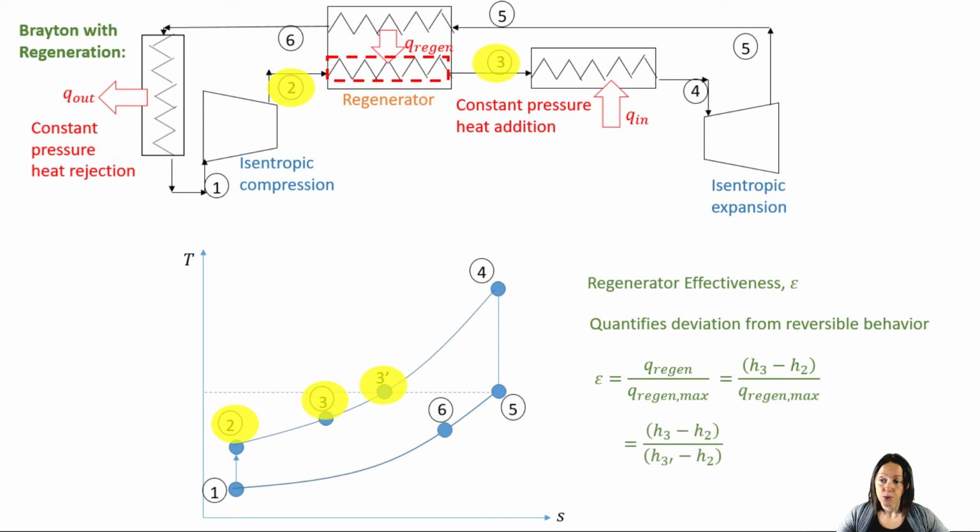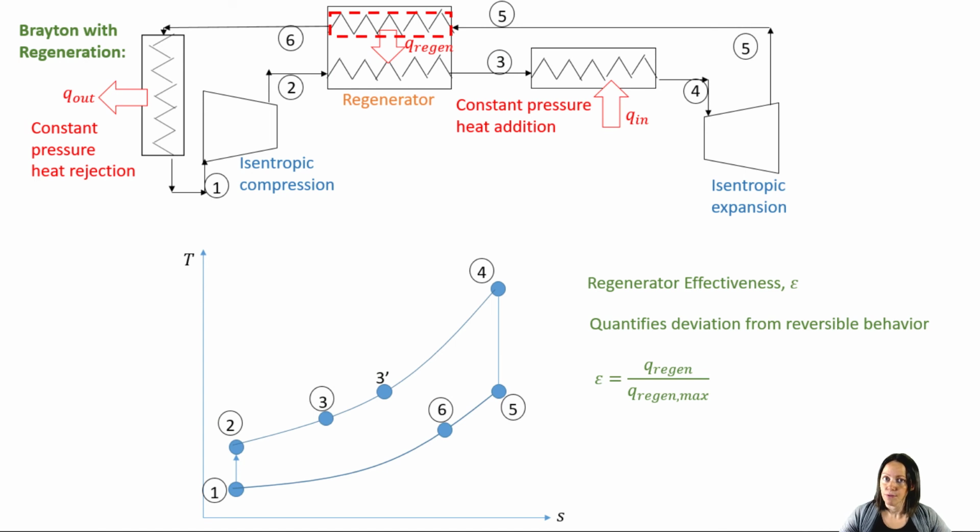So if I wanted to quantify the Q regen max, that would be H3 prime minus H2. And now for an ideal gas, because enthalpy is only a function of temperature, I notice that state 3 prime and state 5 are both at the same temperature, so they have to have the same enthalpy as well. So I could rewrite this equation and replace the 3 prime with 5. So H3 prime replaced by H5, and that just makes it a little bit cleaner.